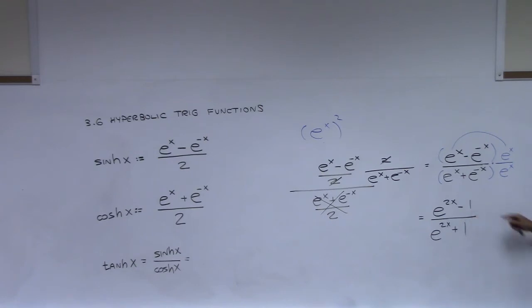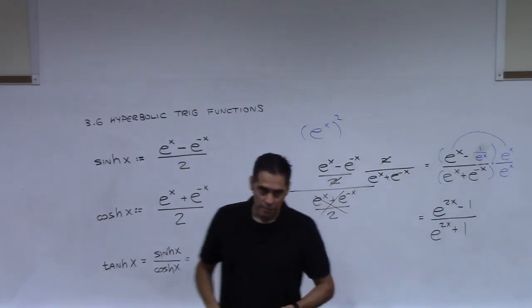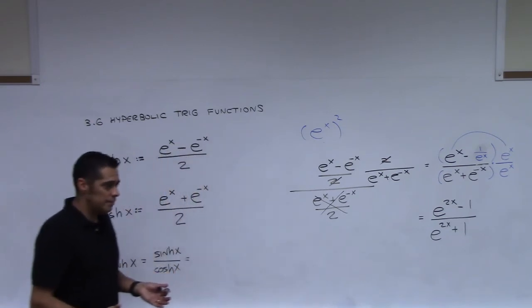So you could almost look at this like this is really 1 over e to the x. It's almost like we cleared the fractions out, right? Okay, so this is an expression for tangent hyperbolic, and that one up there before I did that was also an expression for tangent hyperbolic. All right, we good? All right with that?